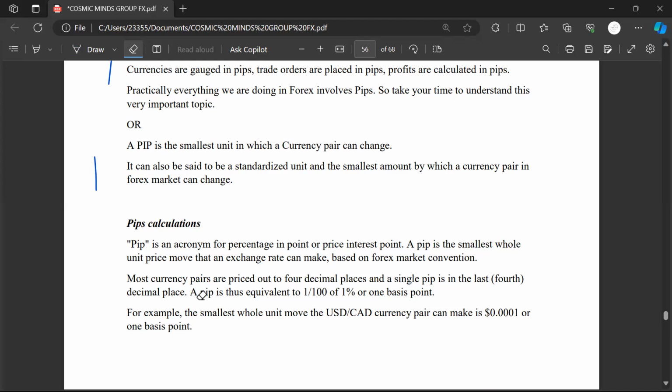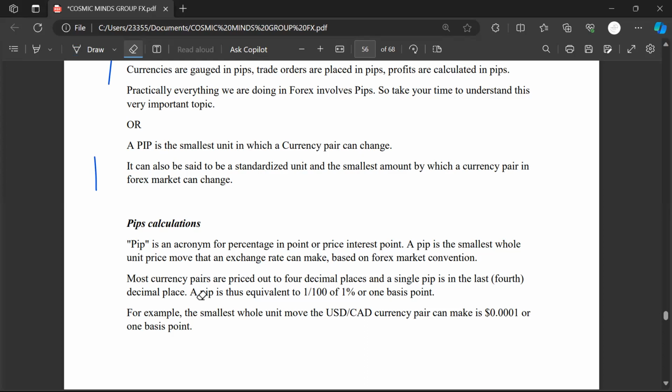Now, the decimal place that we are talking about, to be the pip or the pipette: the pip is in four decimal places. That's the fourth decimal place that we look at. Some currency pairs also deal with the second decimal place. So per standard, it is the fourth decimal place that we look at to call it a pip, and the others have the second.